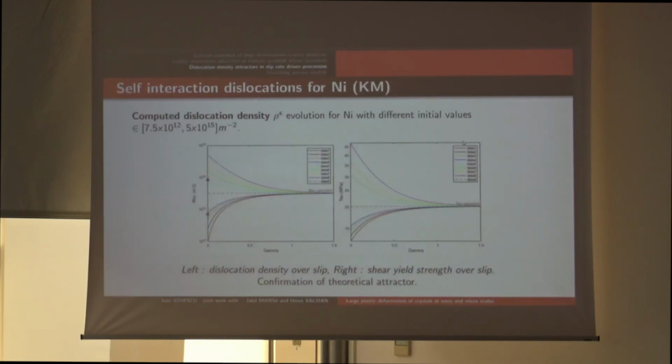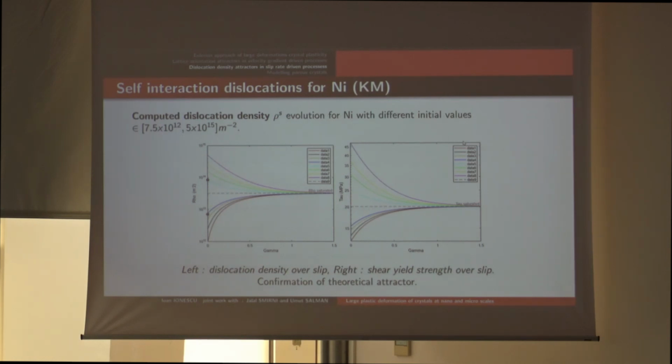You have different evolutions, this is the saturation, and here we have the evolution of the yield limit, softening and hardening.